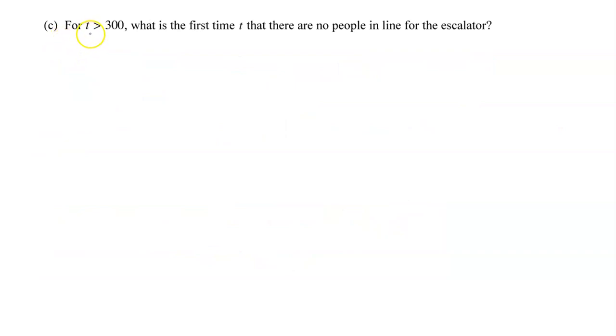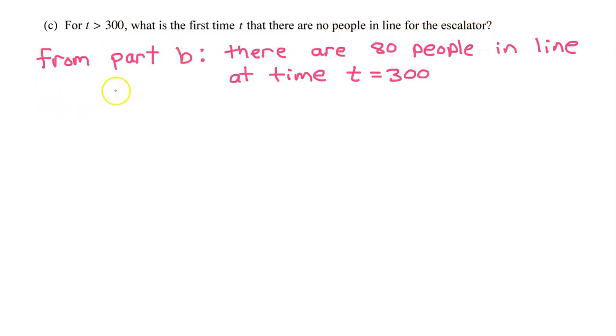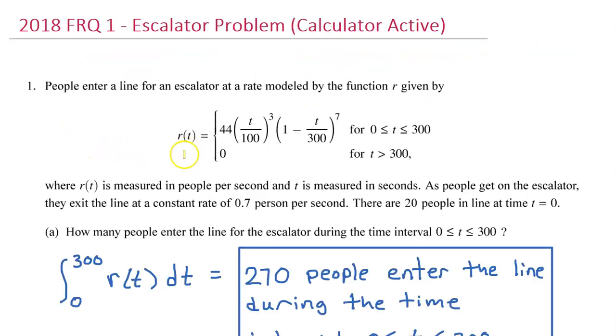Part C. For t greater than 300, what is the first time t that there are no people in line for the escalator? In Part B, we just found that there are 80 people in line at time t equals 300. According to the piecewise function in the setup, for t greater than 300, r of t is 0.